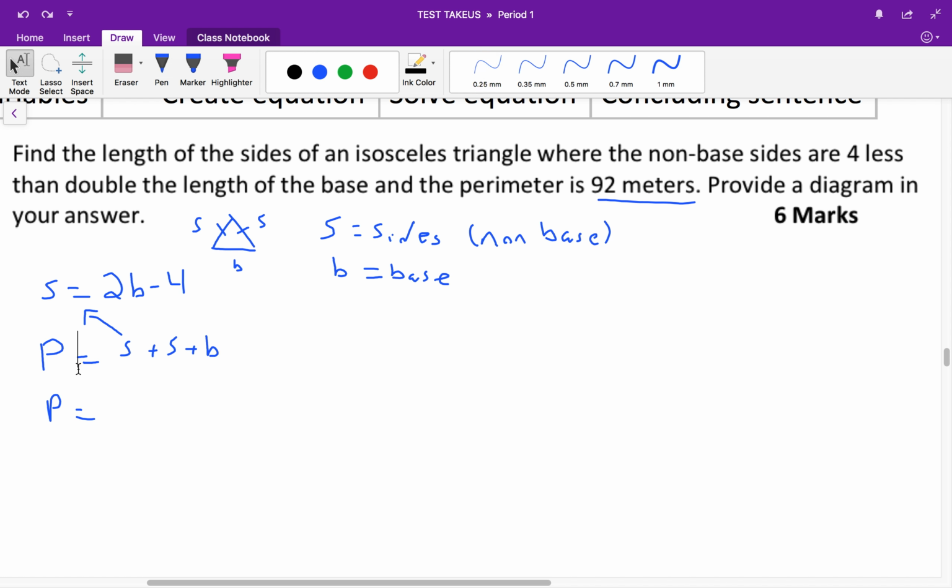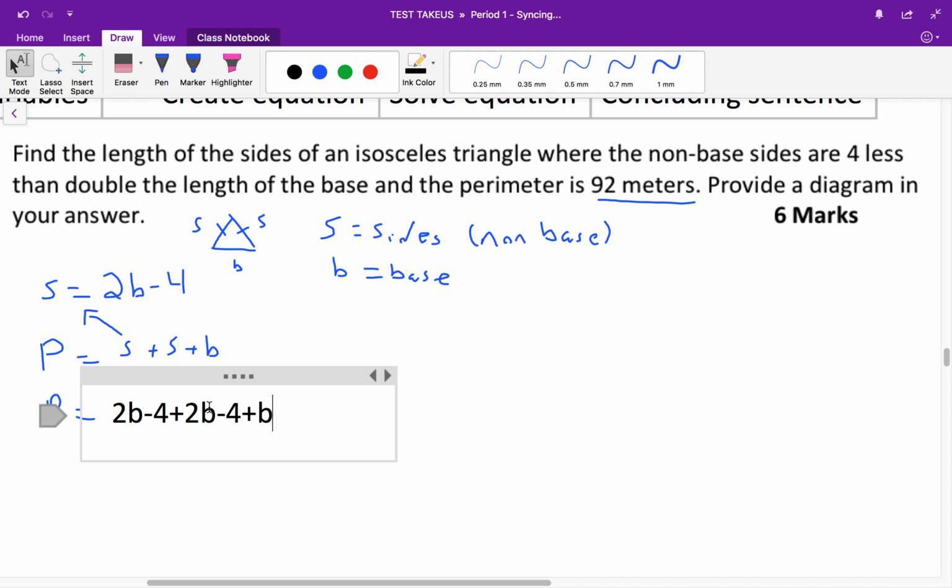Let's type this. Is going to be 2B minus 4 plus, so that's one side, and we're going to substitute in again, 2B minus 4 plus the base. So 2B minus 4 is this S, 2B minus 4 is this S, and the B is just there.